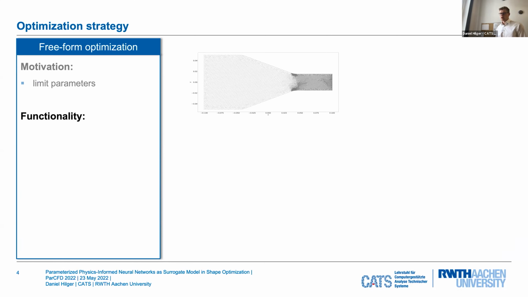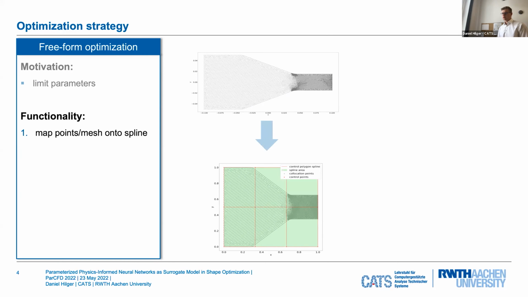Conventionally, in our case, it's a finite element mesh, but for our surrogate model, just a point representation, and we map it onto a unit spline, and the spline is just a parameterized representation of a domain with a few parameters.